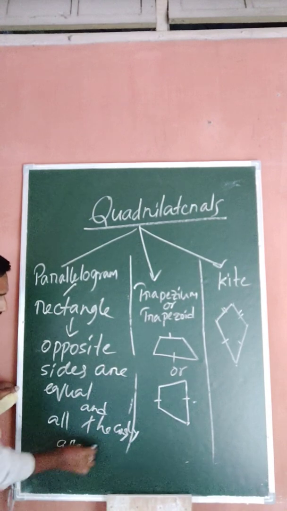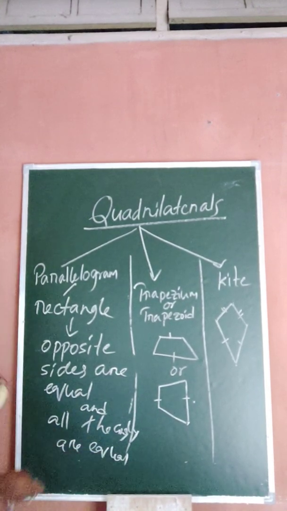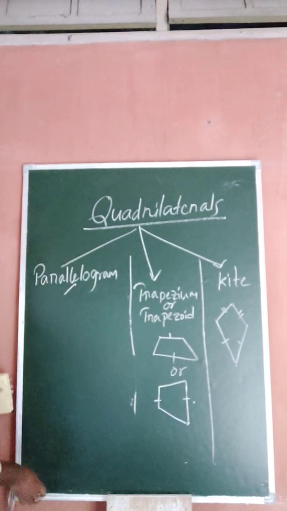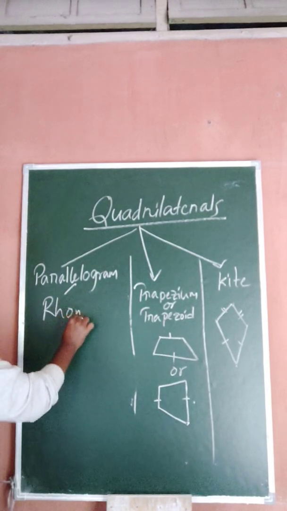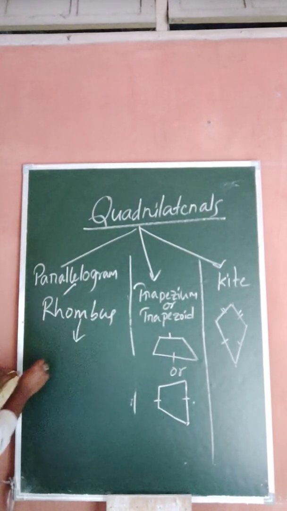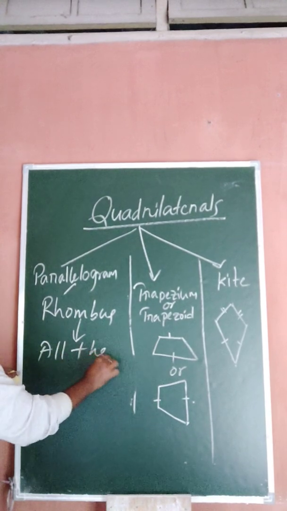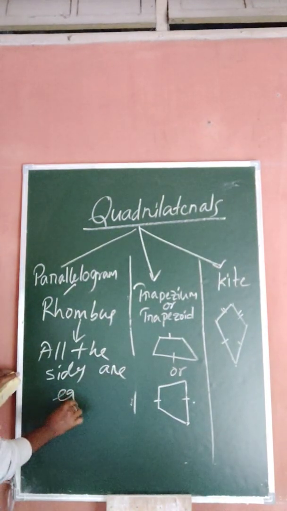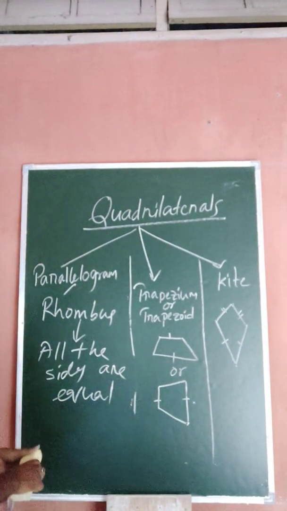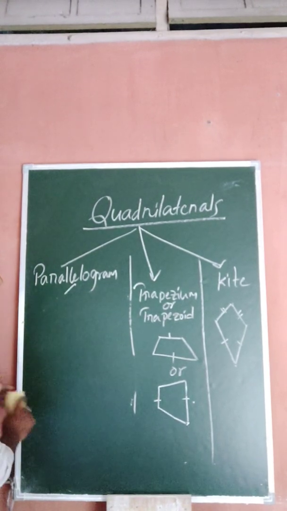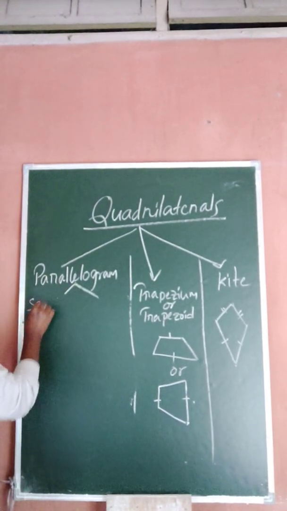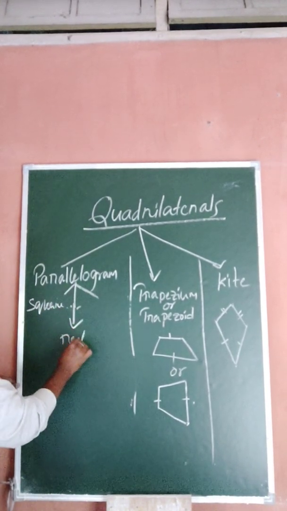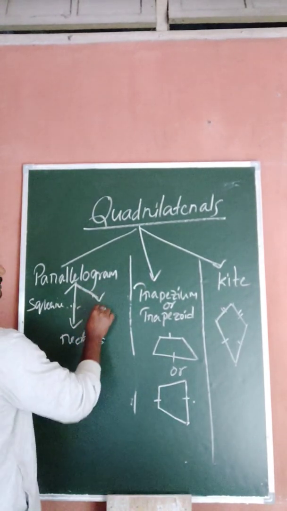Another one of parallelogram is rhombus. In case of rhombus, all the sides are equal. Nothing about the angles. All the sides are equal. That means parallelogram is again classified into three categories: square, rectangle and rhombus.